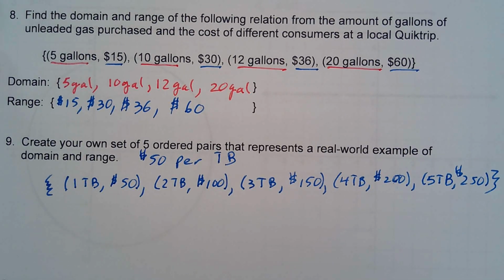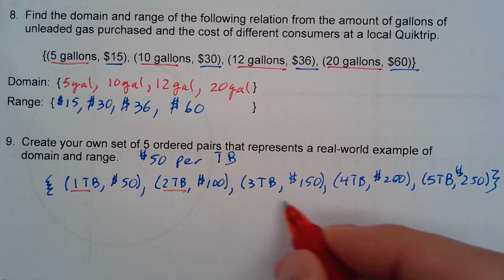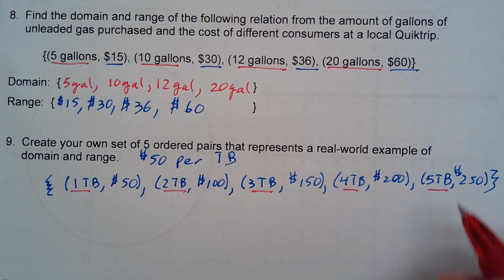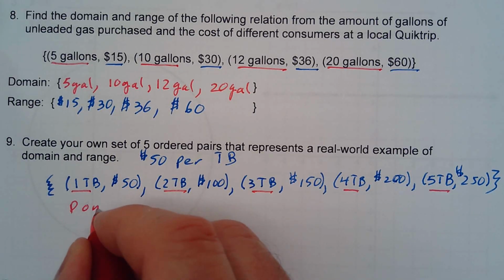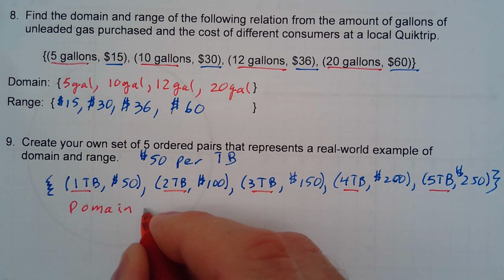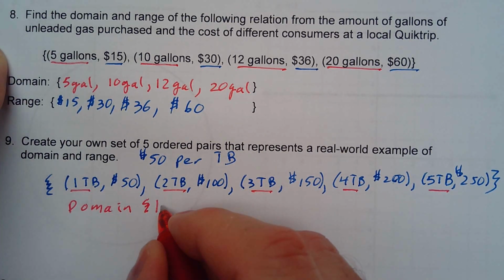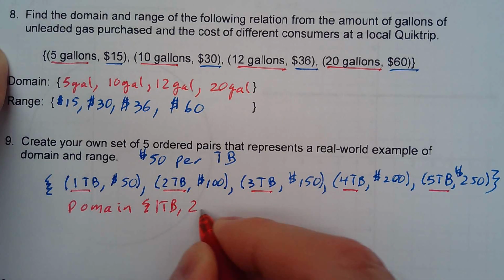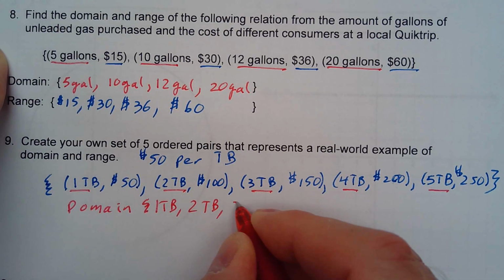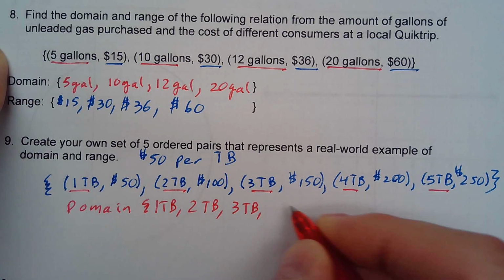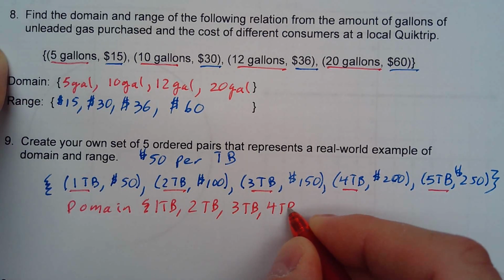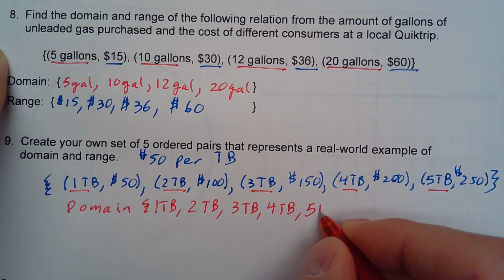So my domain here, again, would be all the x values. Be 1, 2, 3, 4, and 5.